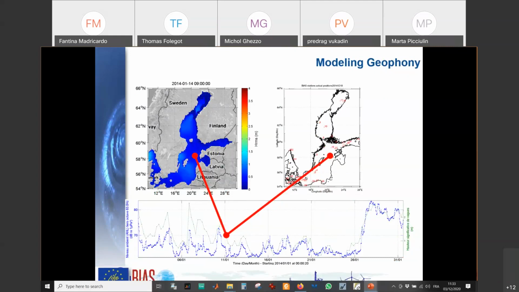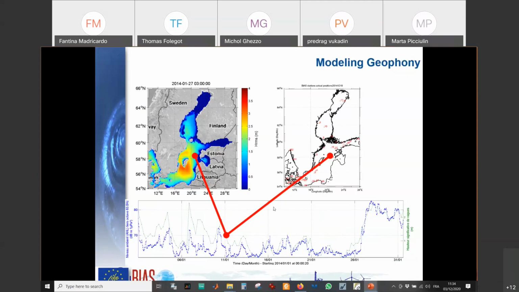But is this model dependent on the site? Because I think the noise will be different if I estimate waves in the Adriatic or in the Baltic Sea.